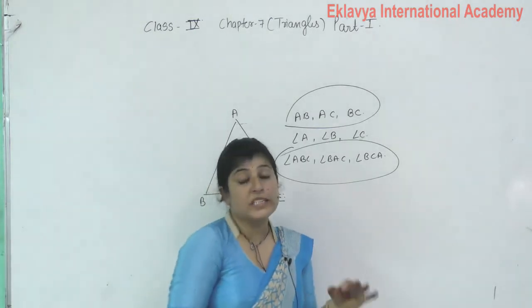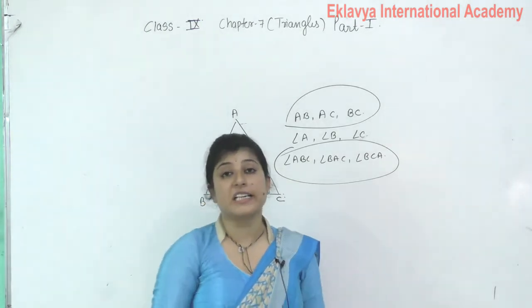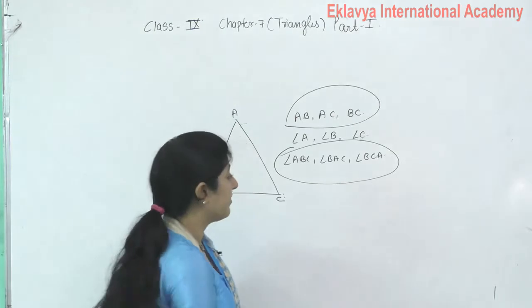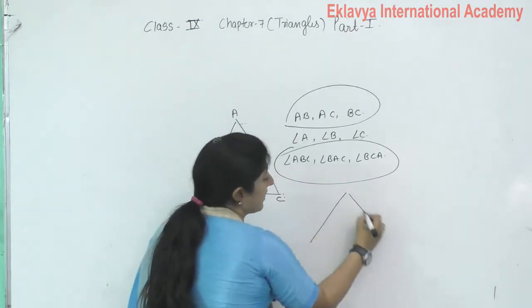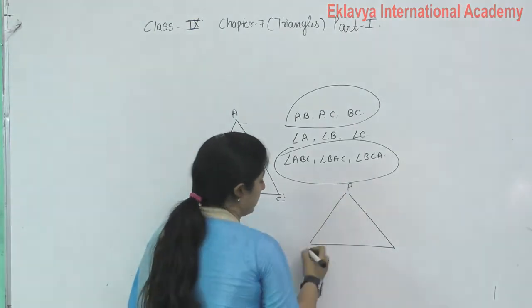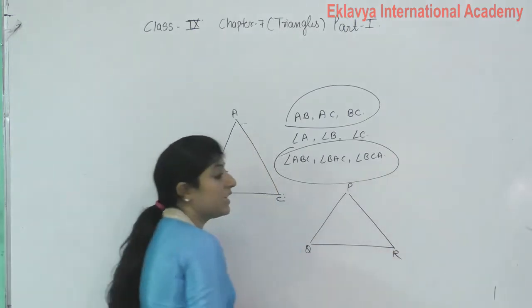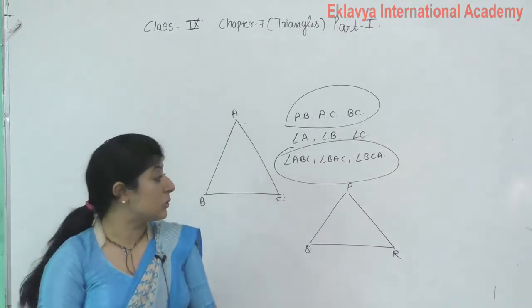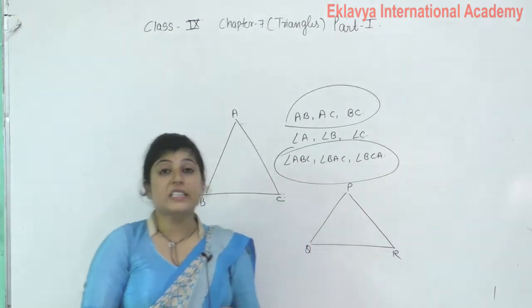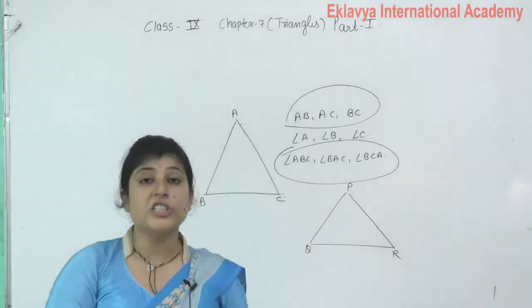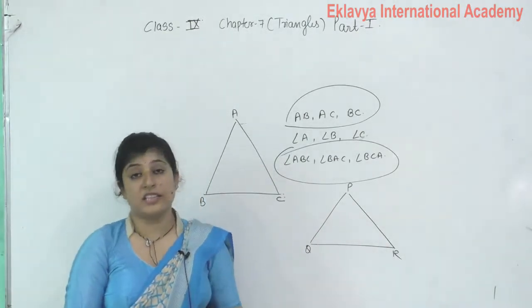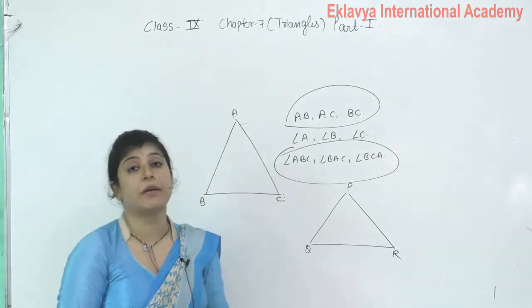For proving the congruency of triangles, we need at least 2 triangles. Whenever we prove triangles are congruent, there are obviously 2 triangles, for example I want to prove ABC congruent to PQR. So I always take 2 triangles. In these 2 triangles, there should be 3 elements equal. Then we can prove any type of congruency.